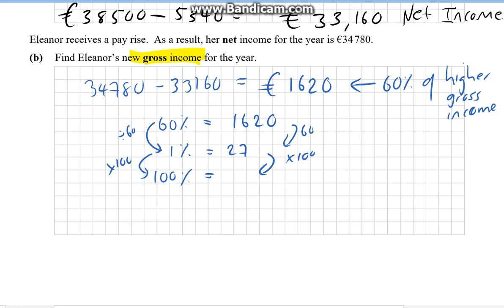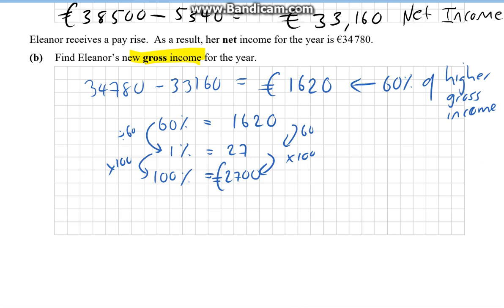That will give me 2,700. So that is Eleanor's higher gross income.